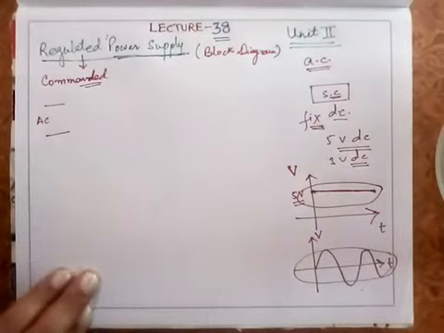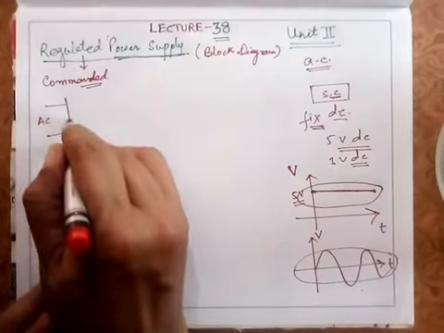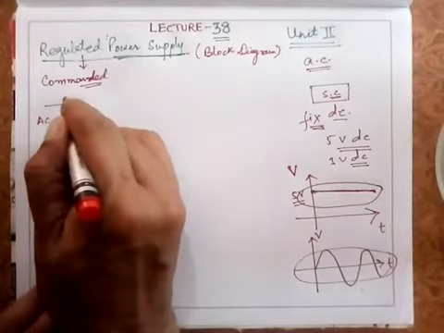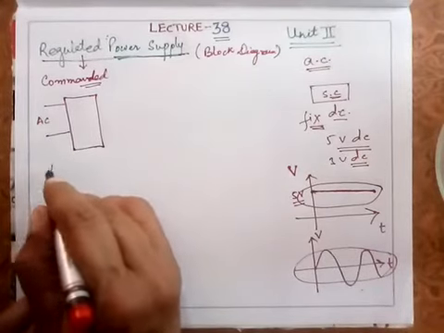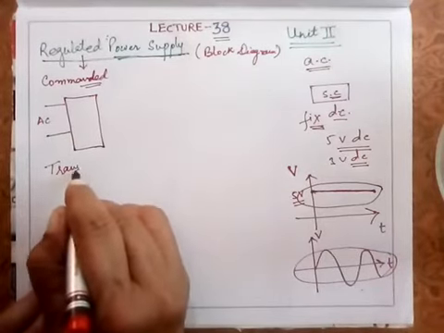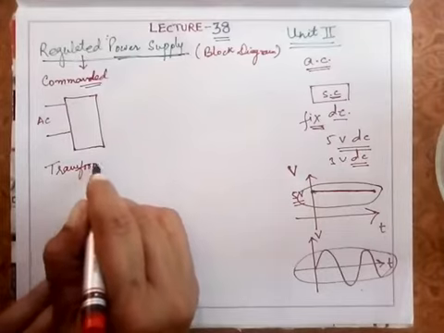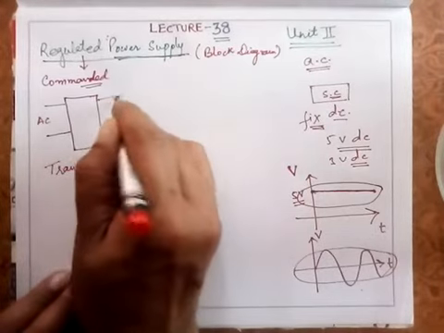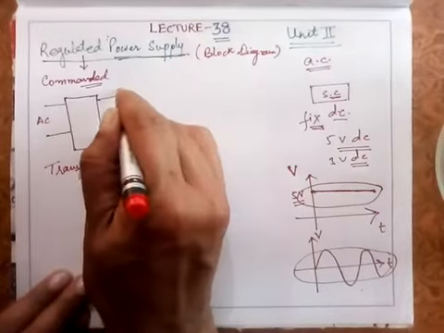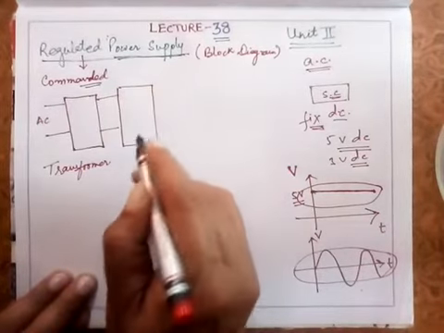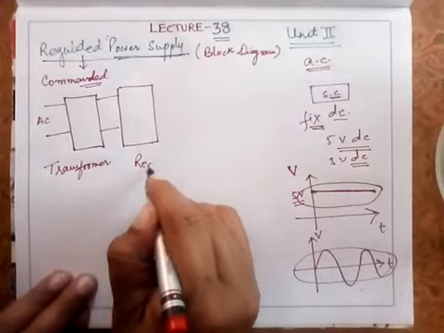First of all, in a regulated power supply, we use a transformer here. This block is for a transformer, followed by another block, a rectifier. We call this a rectifier.